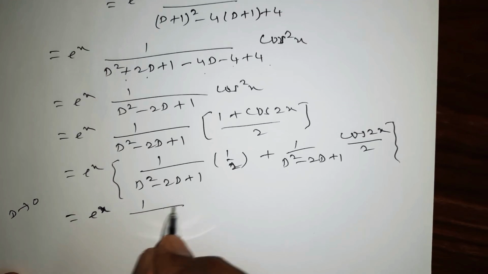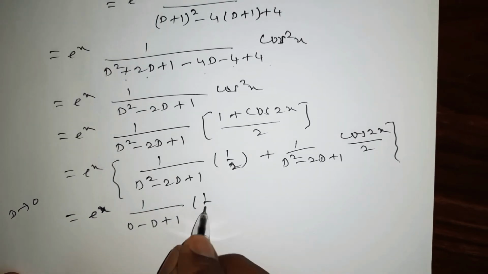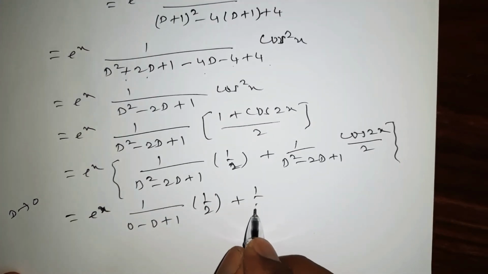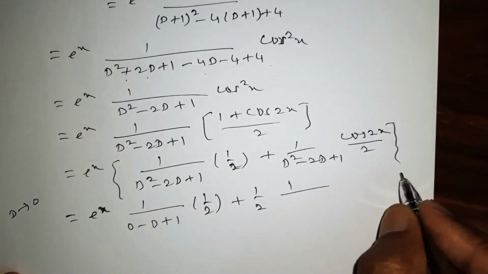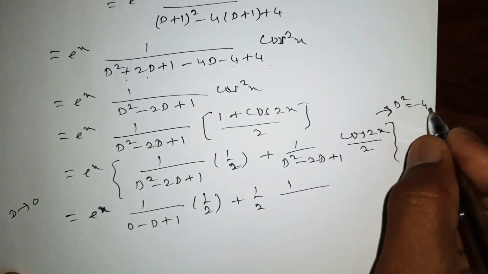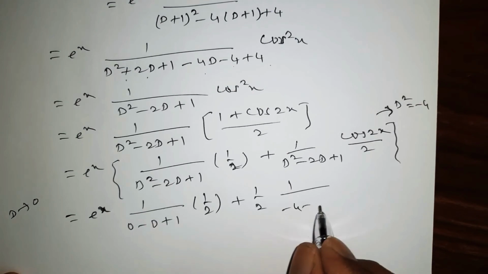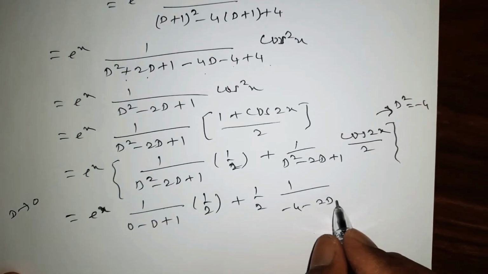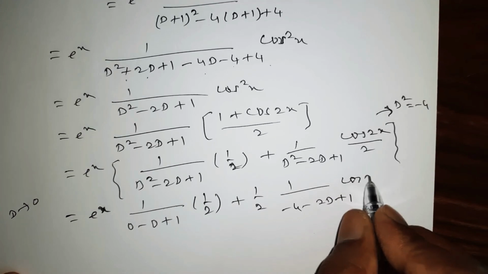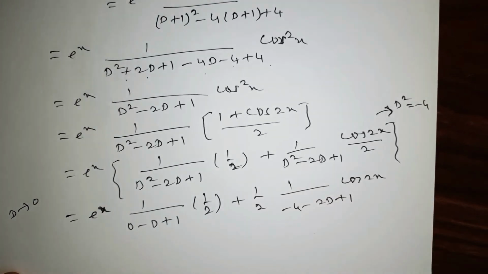So, what I get? 1 upon 0 minus 0 plus 1, 1 by 2 as it is. Plus this 1 by 2 we can take outside and replace d square by minus 4. So, 1 upon minus 4 minus 2d plus 1 operating on cos 2x.